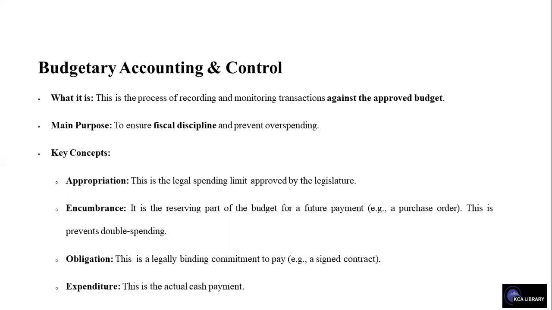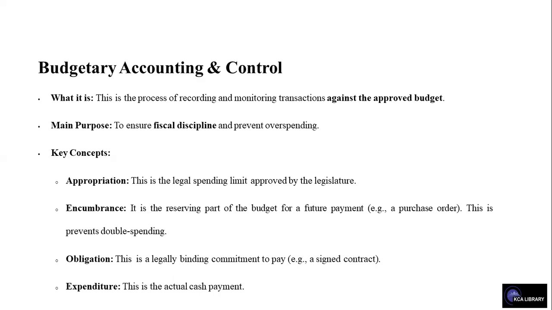The key concepts under budgetary accounting and control are, one, appropriation, which is the legal spending limit approved by the legislature. We have the encumbrance, which is the reserving of part of the budget for a future payment, maybe a purchase order, and it prevents double spending.